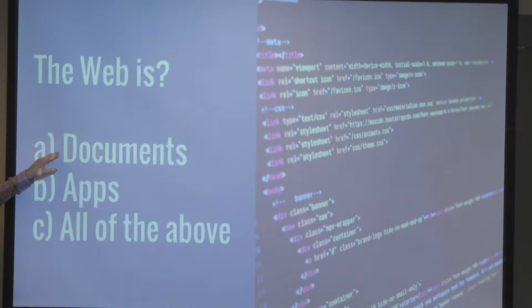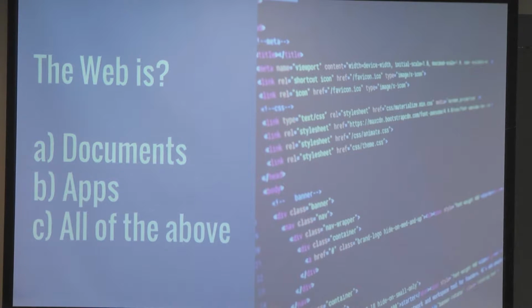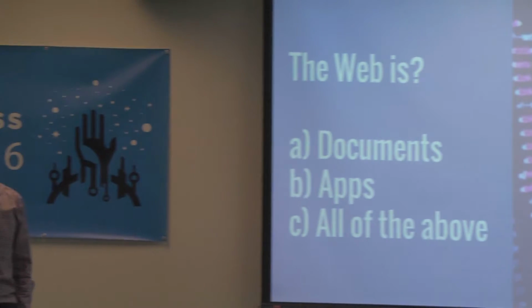In fact, we would have had documents as the choice long, long ago. But when apps came along, the web seemed to be capable of doing apps. The web could morph and absorb that, and it could do apps, and now it does both of these things, and other things too. So part of what has allowed the web to survive is its elasticity. It doesn't know what it is. It's a hybrid of a lot of different things.